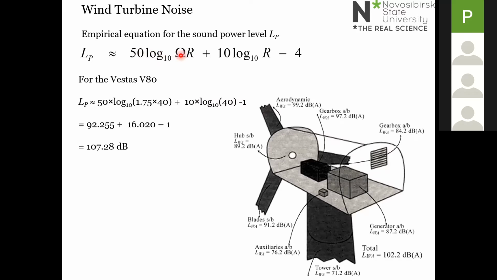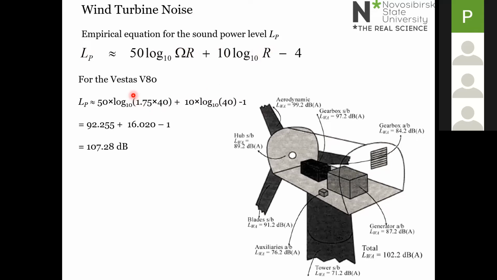And what you see up the top here is a very simple correlation for the sound power level of a turbine, depending on the circumferential speed of the tip and the radius of the turbine.